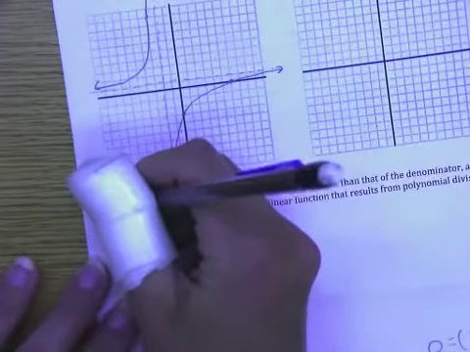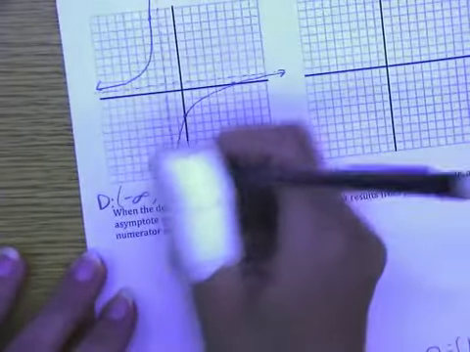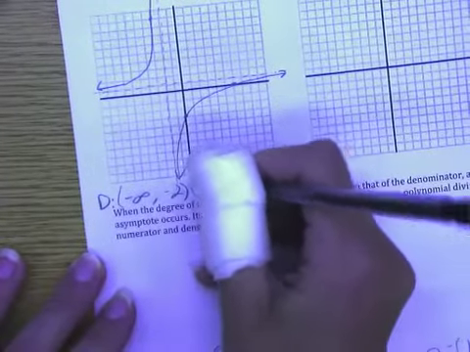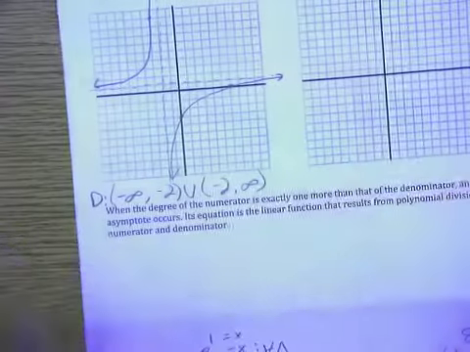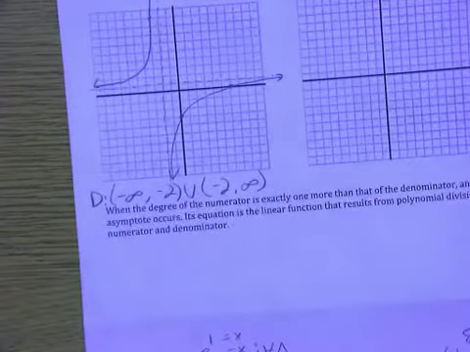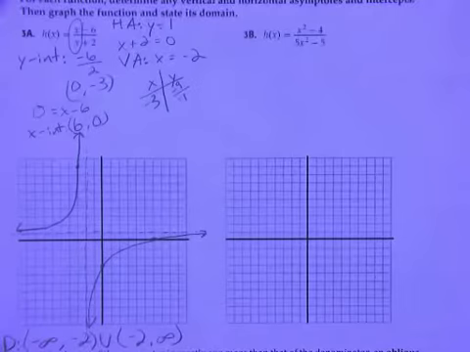So that's the behavior of the other half of our graph. Once again, we're being asked for the domain. So domain goes from negative infinity to my vertical asymptote at negative 2, with a union picking right back up at that negative 2 and going to positive infinity.